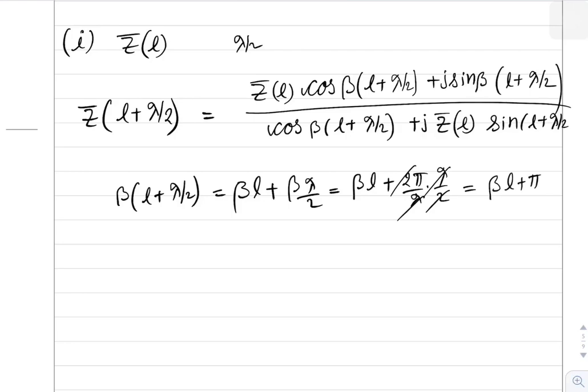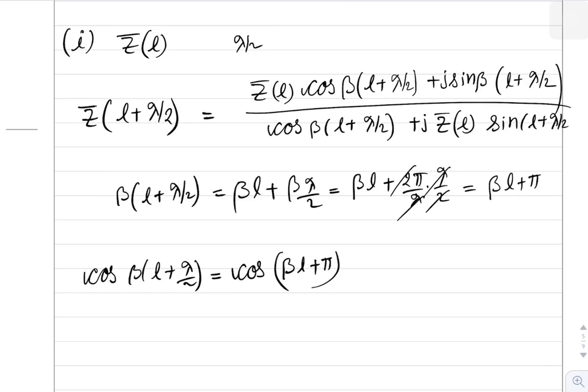We have two terms in this equation, cos of beta times L plus lambda by 2 and sin of beta times L plus lambda by 2. So cos of beta times L plus lambda by 2, I can write as cos of beta L plus pi.